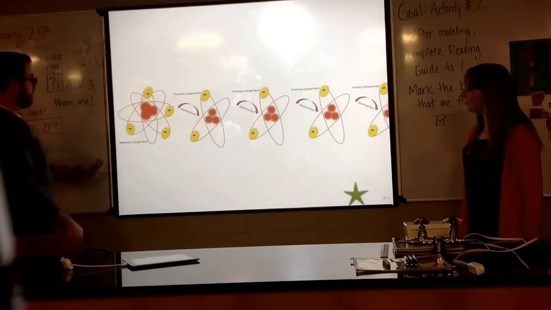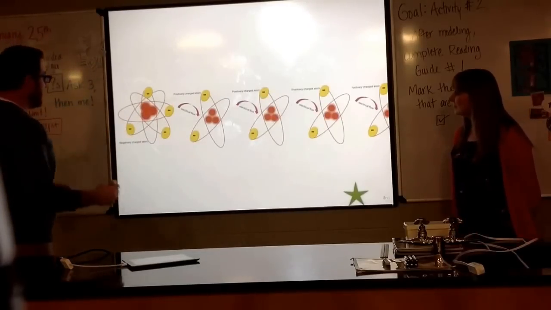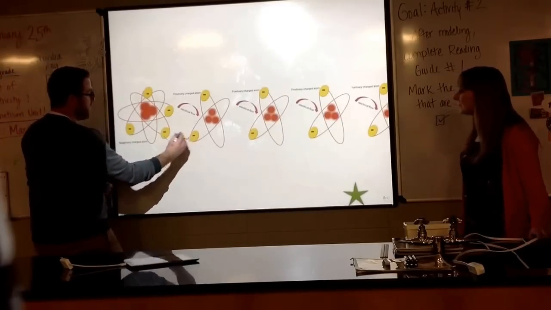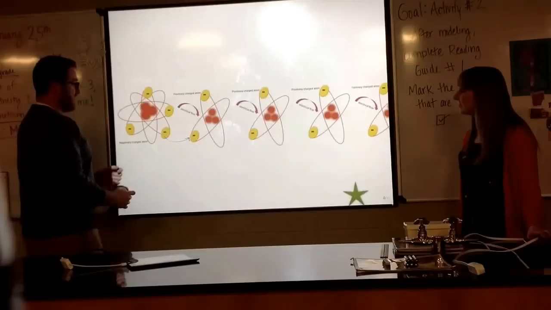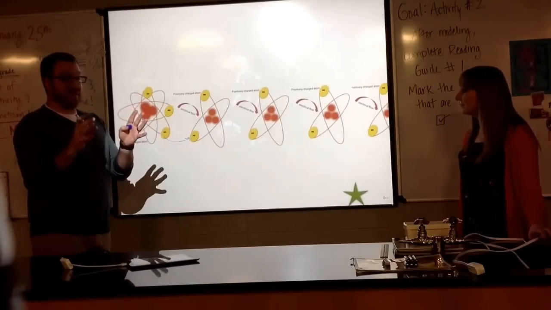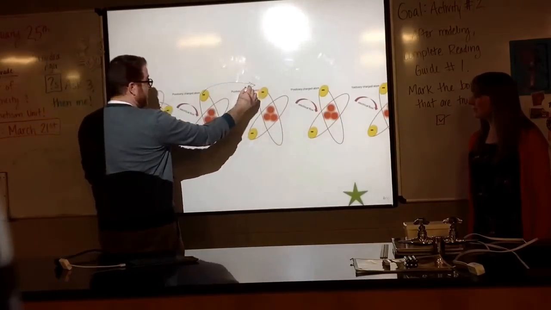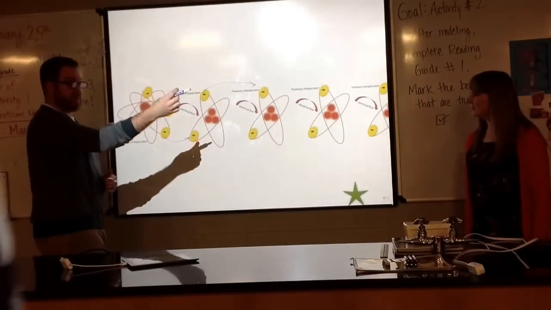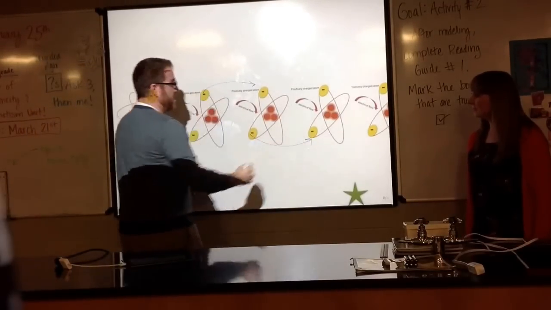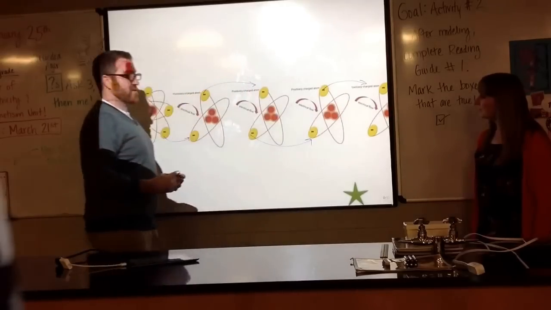So what I have here are 5 atoms lined up. And if we can get this electron to move from there to there, the electrons are going to get ticked off, because they do not like one another. So if this one moves from here to here, it may move that electron to the next atom, which may spark an electron to move to the next atom, and so on and so forth.